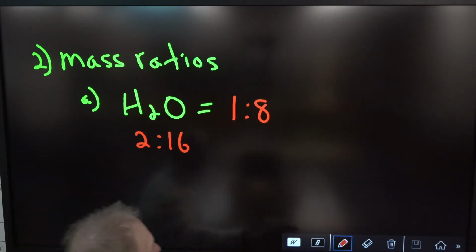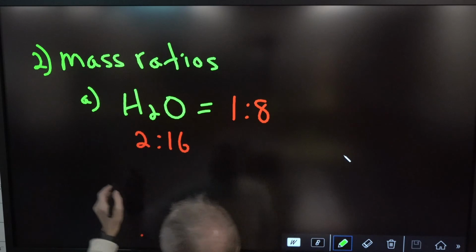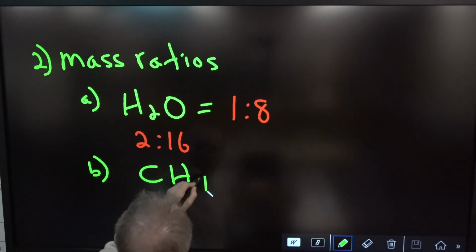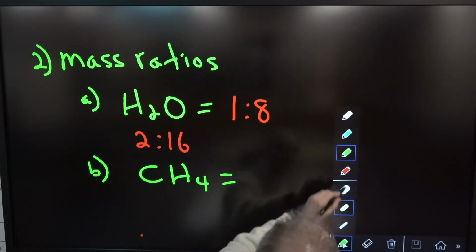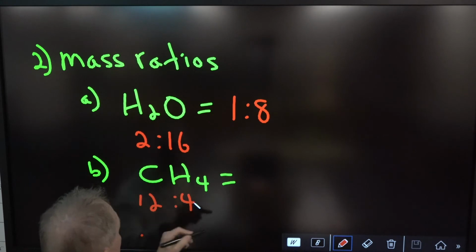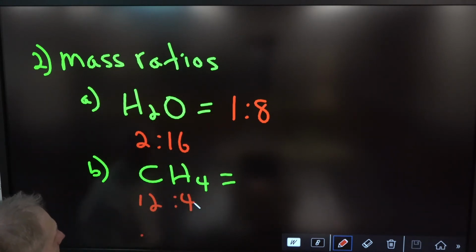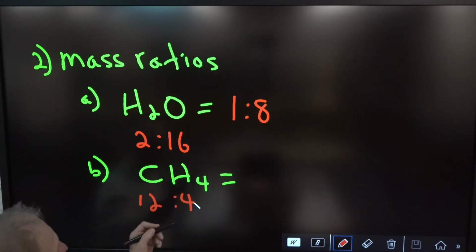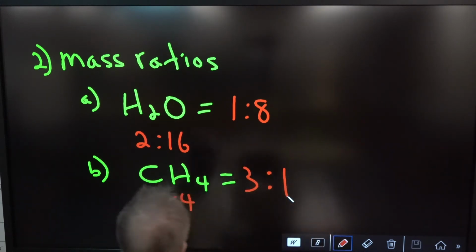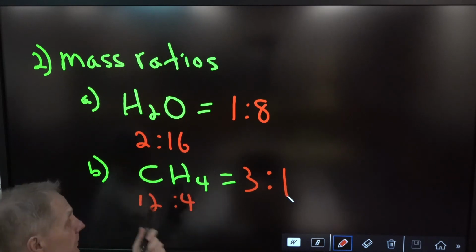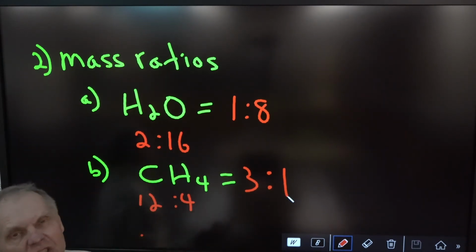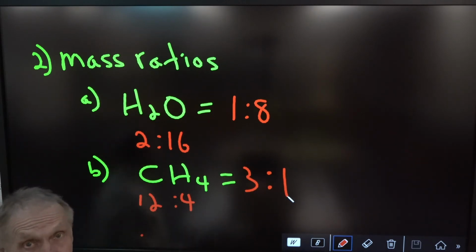And then CH4, that's 12 to 4. But that's not the lowest whole number ratio, so it would be 3 to 1. Don't forget, for mass ratio, you have to find the mass and knock it down to lowest terms. For volume ratio, you just look. Okay? Everybody set with that?